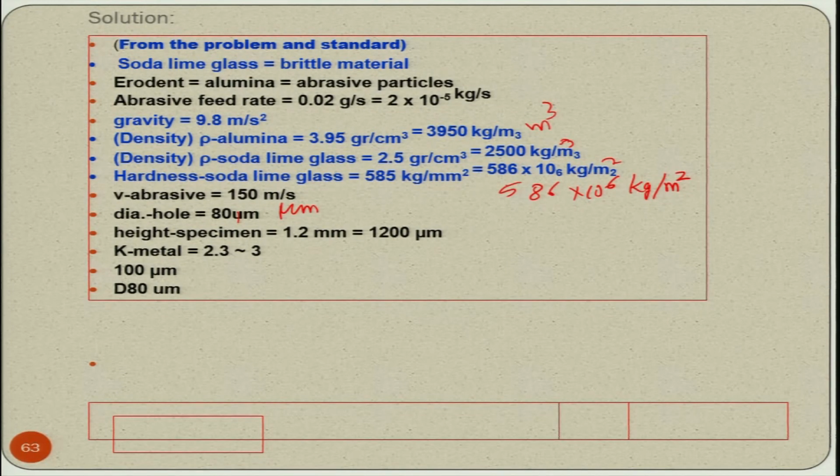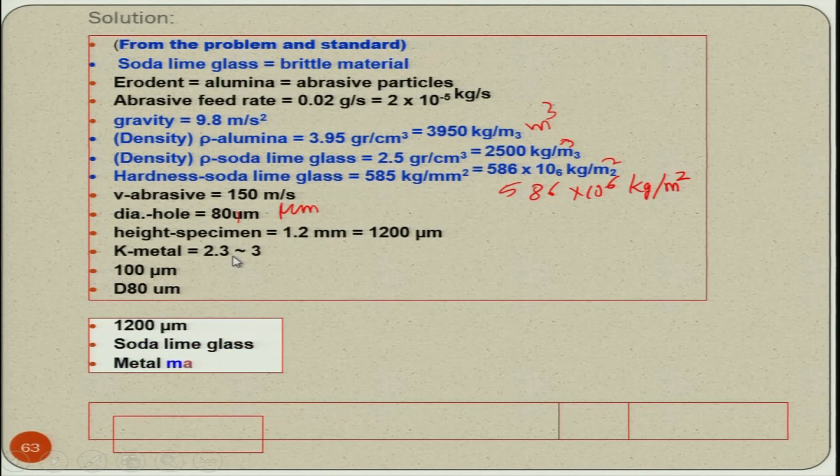K is the constant as mentioned earlier, it is taken as 2.3. Diameter is 80 micrometer, thickness is 1200 micrometer, soda lime glass.